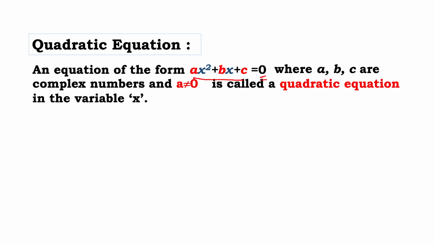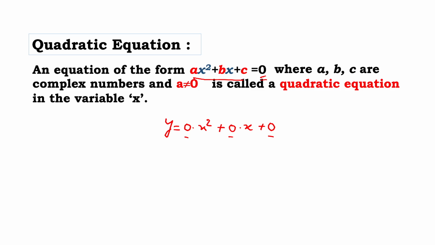And the same case with identity: if I'm saying y equals 0 into x square plus 0 into x plus 0, so the coefficient of x square is 0, the coefficient of x is 0 and the constant term is 0, then this is known as an identity.